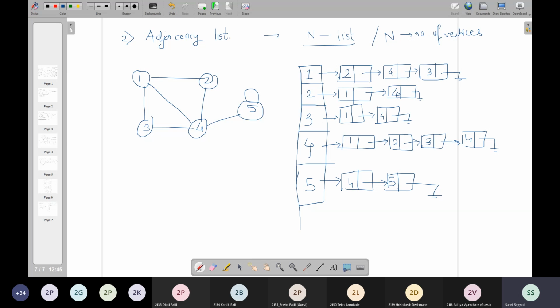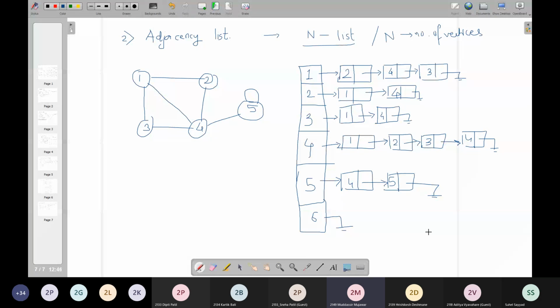Suppose in that particular list, you have one vertex like this, and suppose it is indicating like this. What is the meaning of this? Can anyone tell me? What will you understand from this?